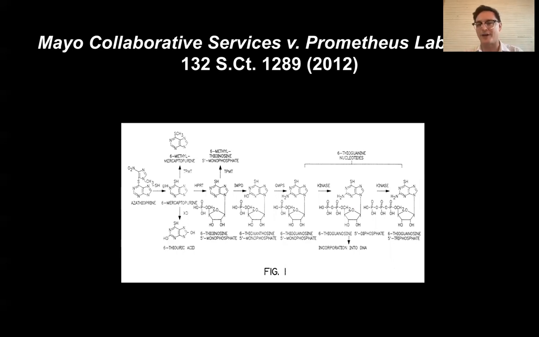That's really a way of trying to patent a law of nature, namely that absorption differs from person to person, and you have to observe what actually happens in nature in order to determine what the dosage should be.